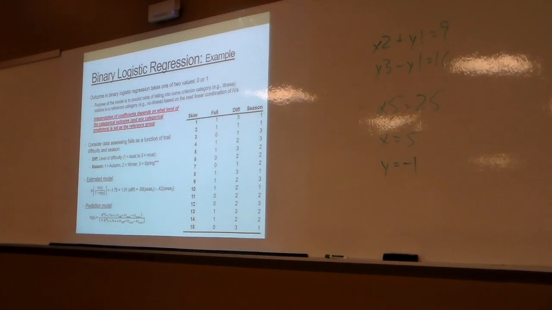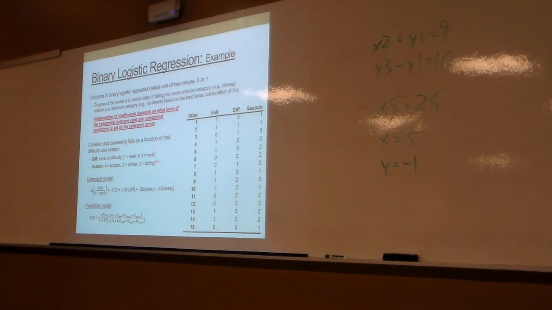In this set of data, my predictors are difficulty, and we're going to pretend this is continuous. It's 1, 2, 3. 1 is least difficult, 3 is most difficult. This isn't really a continuous variable, but for the purpose of this example, let's pretend that it is. And then my other predictor is a categorical variable.